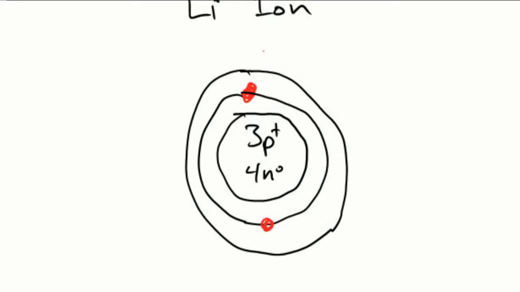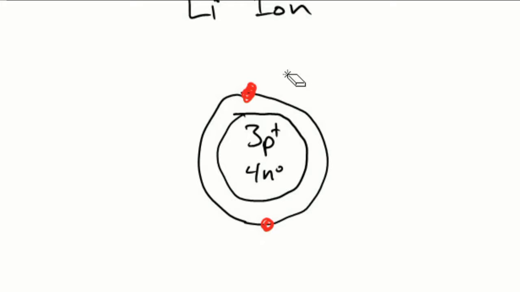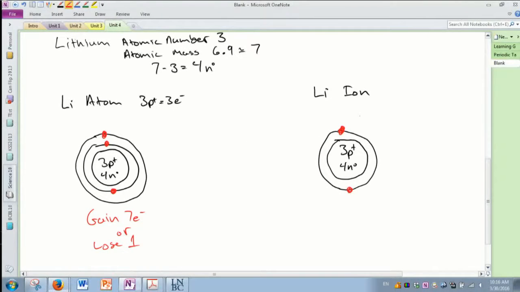Gone. Now that other shell is empty, so I can just get rid of that as well. There we go. So now that lithium has lost 1 electron, it has 3 protons, and it has only 2 electrons.